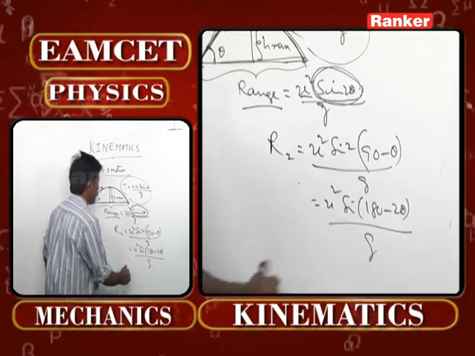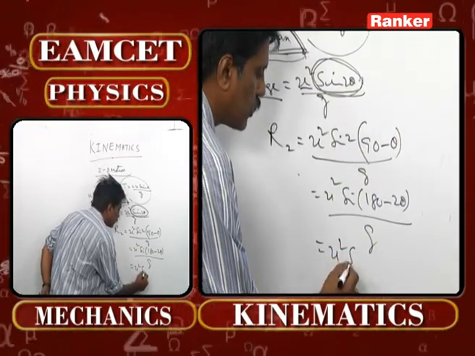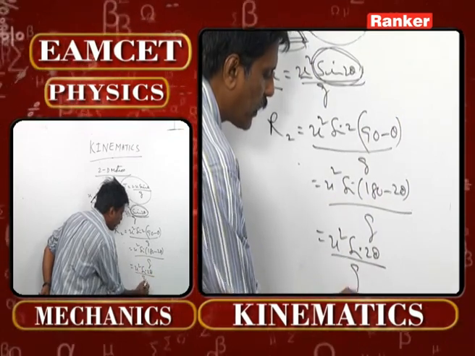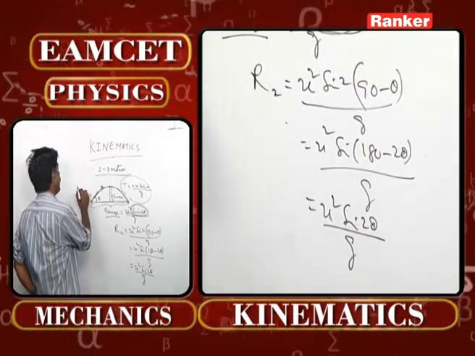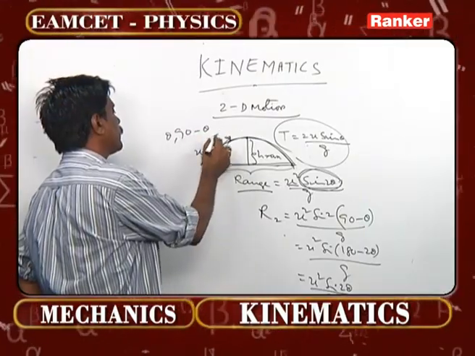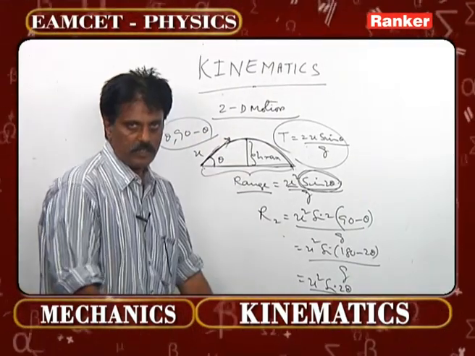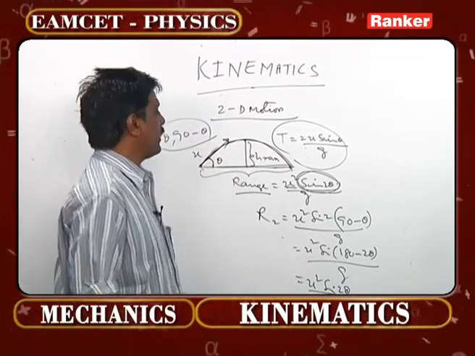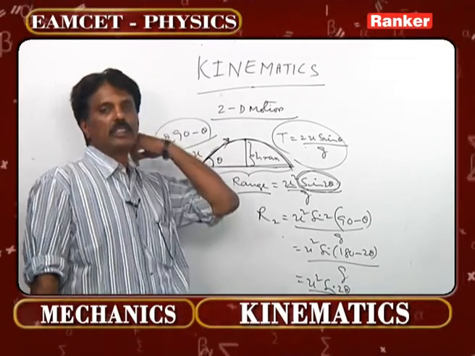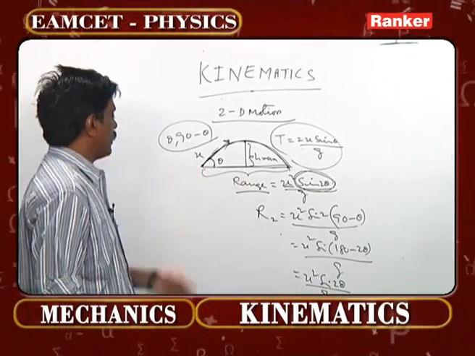So, this is simply equal to u square sin 2 theta by g. From trigonometry you can write. That means range is same for the angles theta and 90 minus theta. So, they are called complementary angles. Theta and 90 minus theta are called complementary angles. For complementary angles there will be same range.